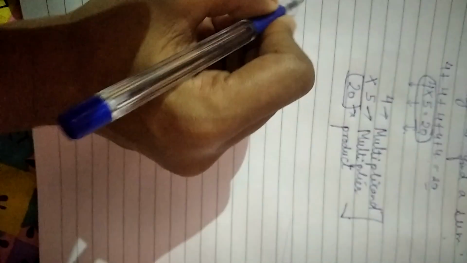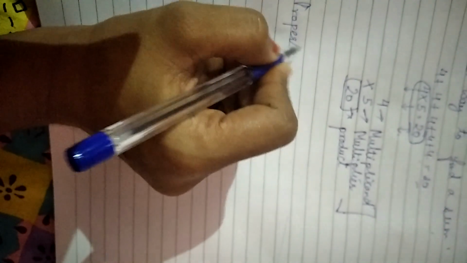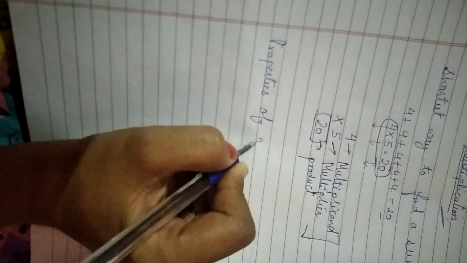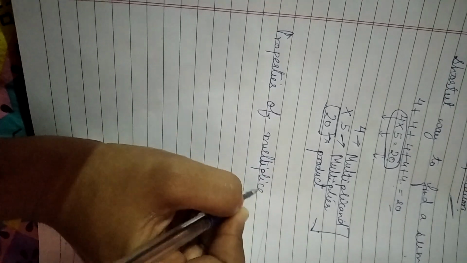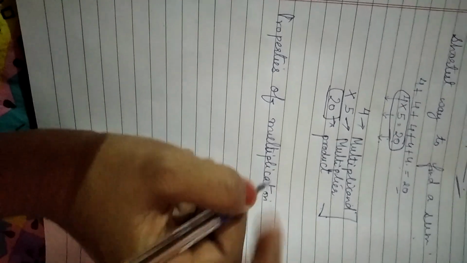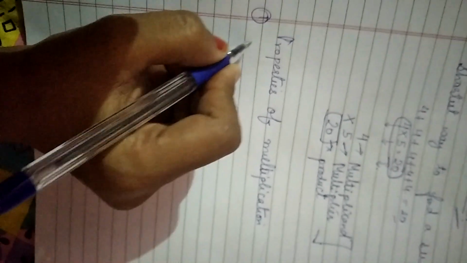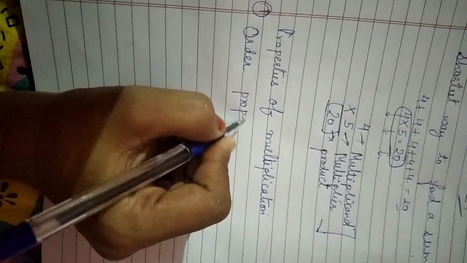So students, now we'll deal with the properties of multiplication. Number one property that we have is the order property. Now what happens in this property?